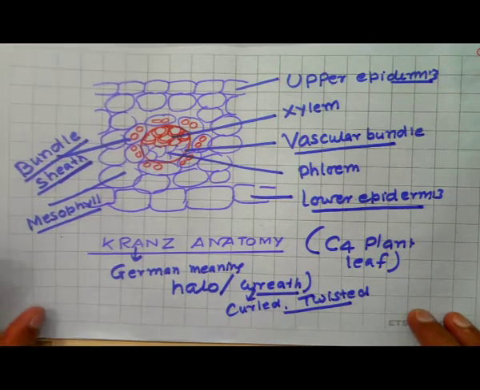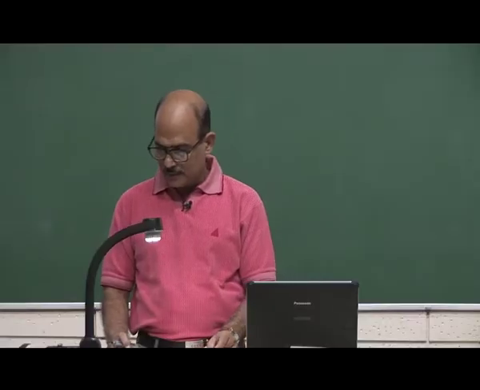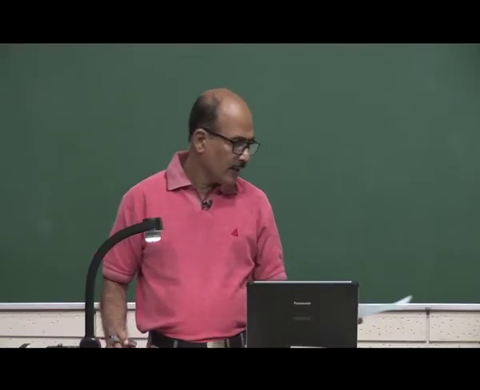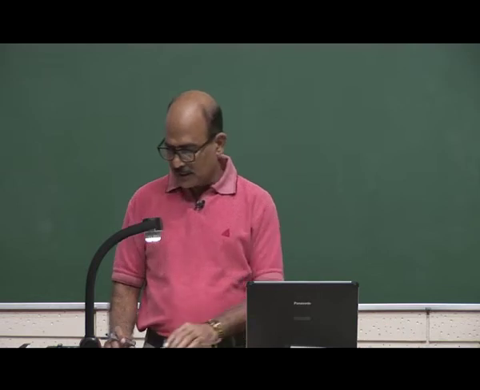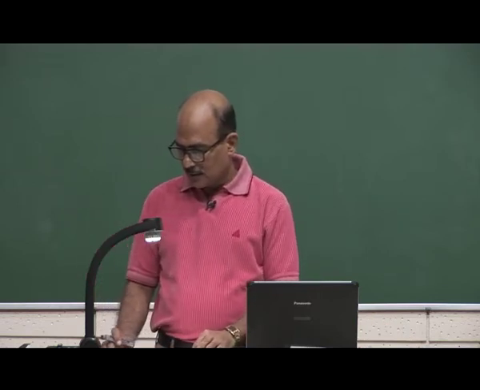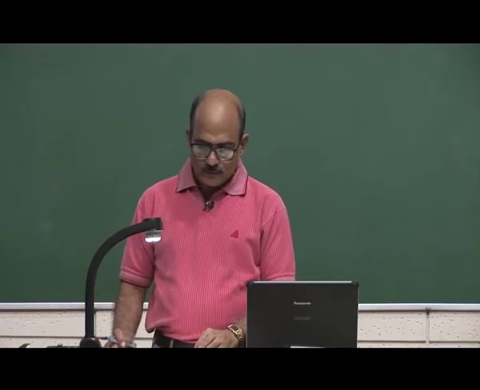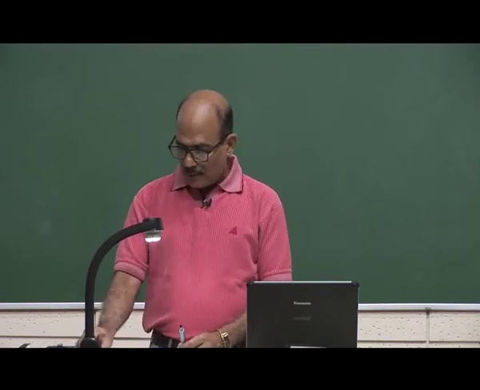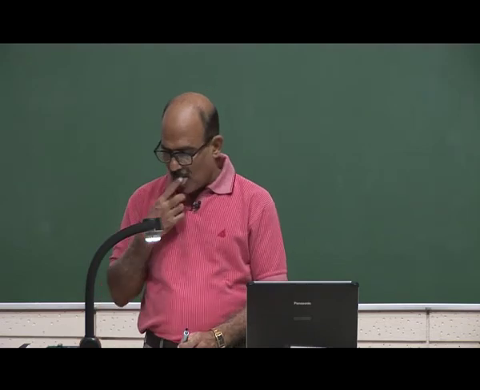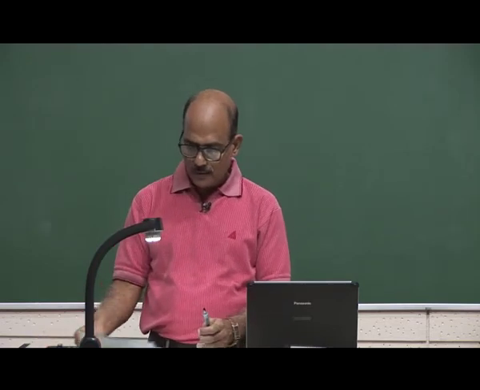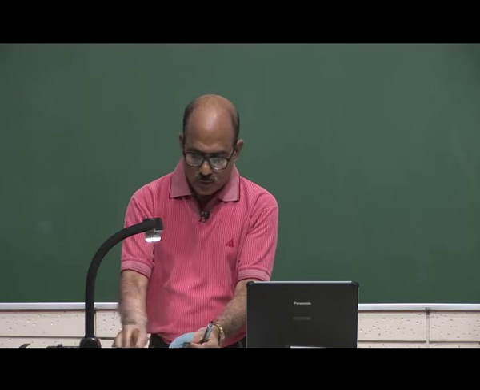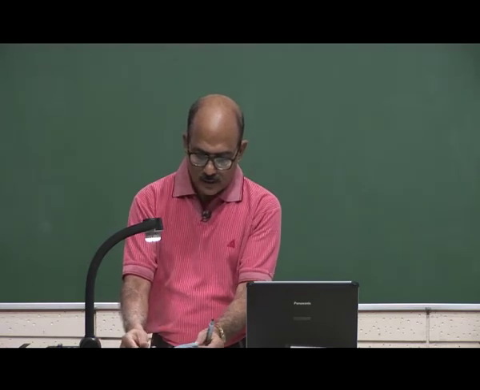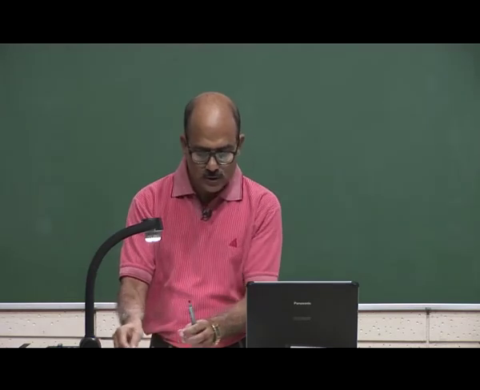That anatomy is called Kranz anatomy, where the first stable product is formed, that is called oxaloacetic acid. In C4 plant, there is a difference between the mesophyll tissues and the bundle sheath tissues.